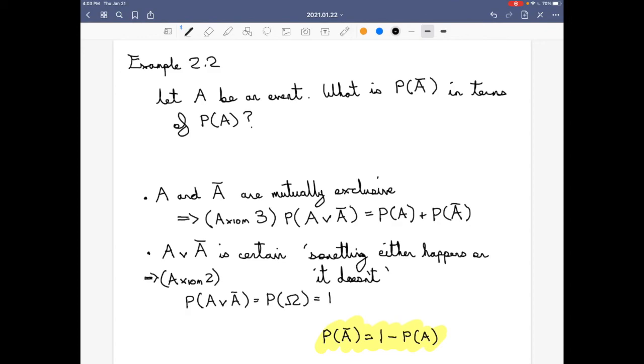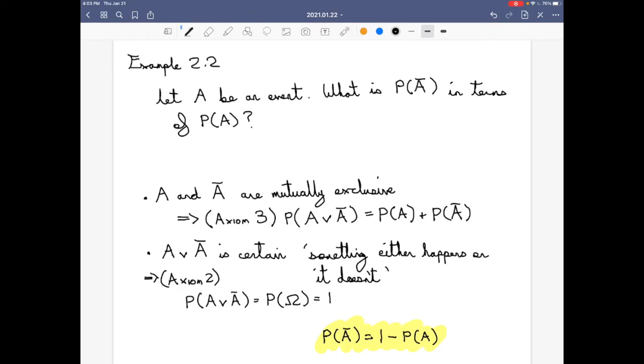The complement is defined as being not the original event. So since we know A and A complement are mutually exclusive, they can't both happen, we can apply the third axiom of additivity to say that the probability of the disjunction of A and A complement is the sum of the two individual probabilities.